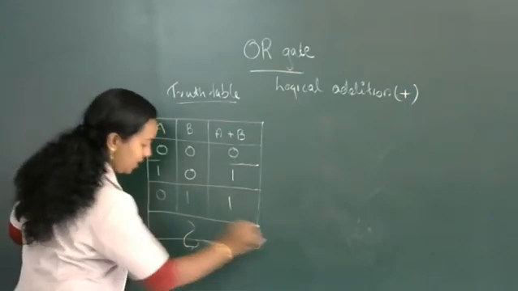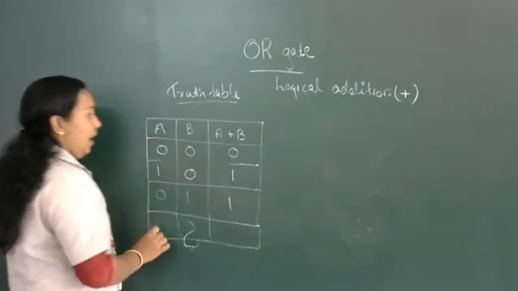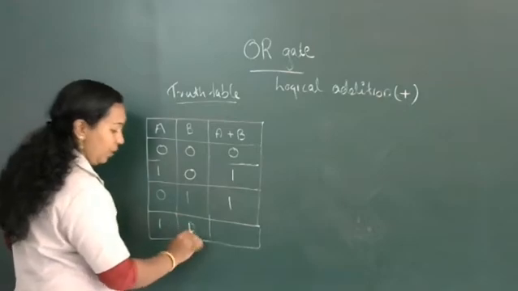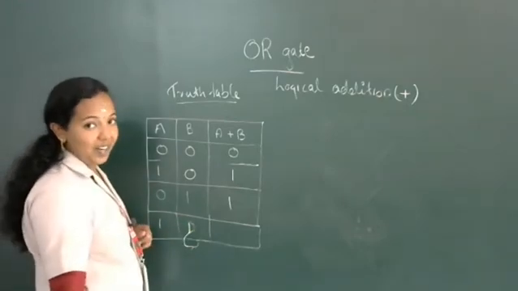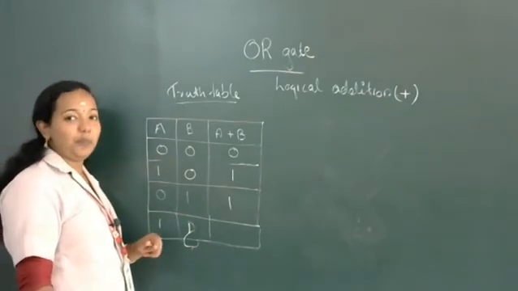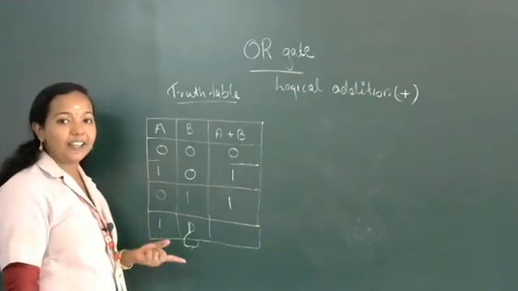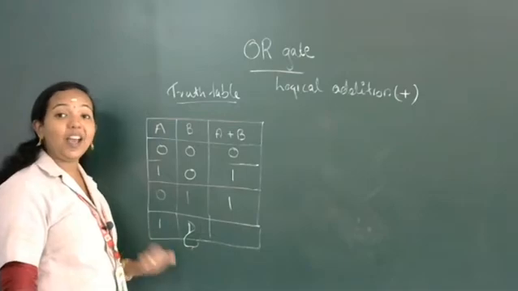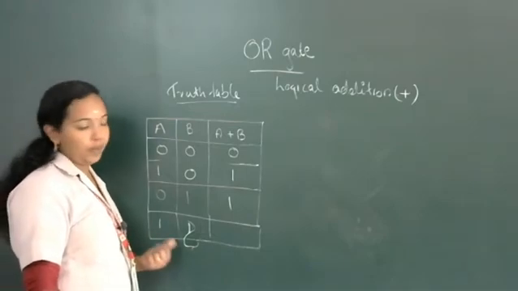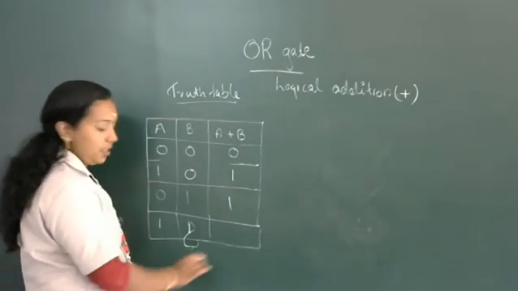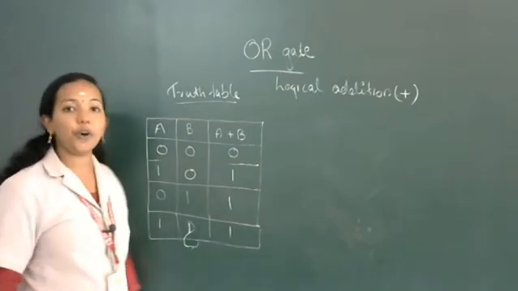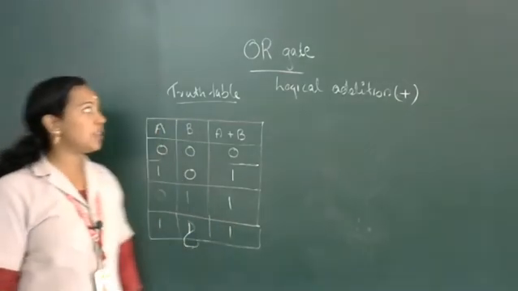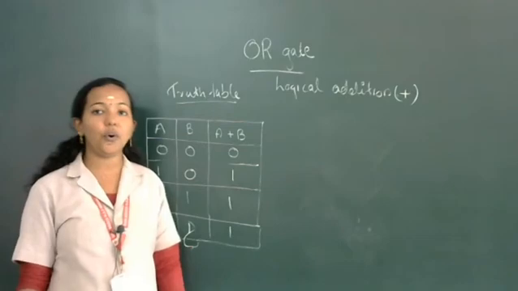One more case is there: A equal to 1, B equal to 1. In binary arithmetic, 1 plus 1 is equal to 0, carry 1. But in the truth table, for A or B, if both the inputs are true, the output is also true. So this is the truth table for the OR gate.